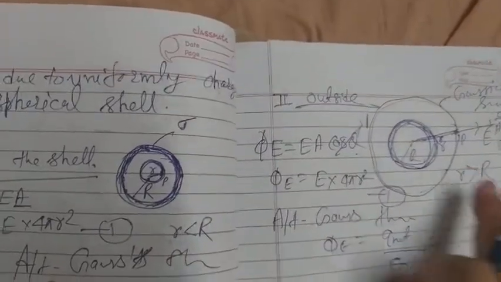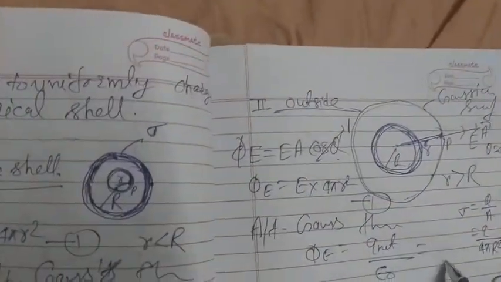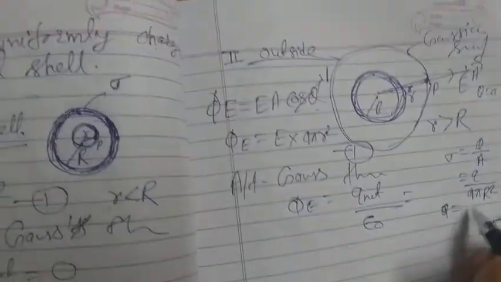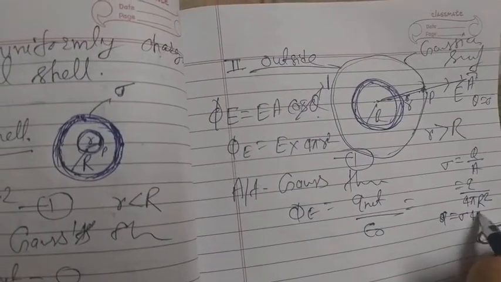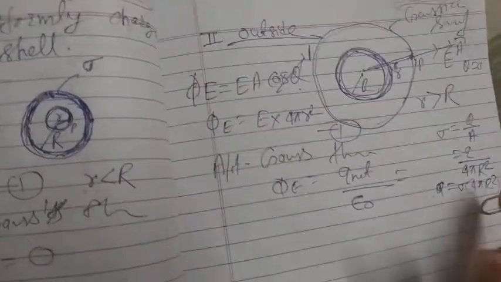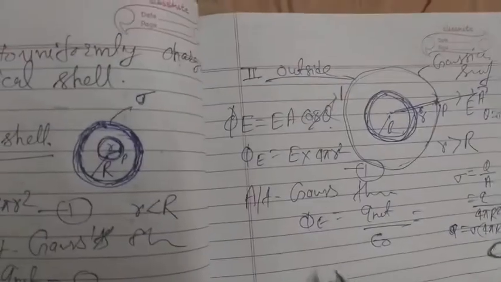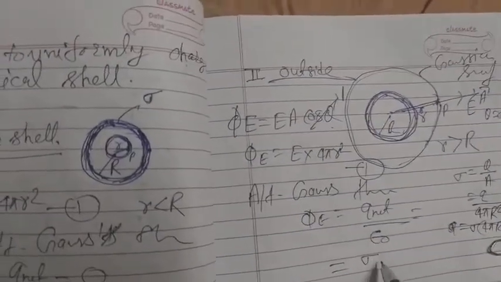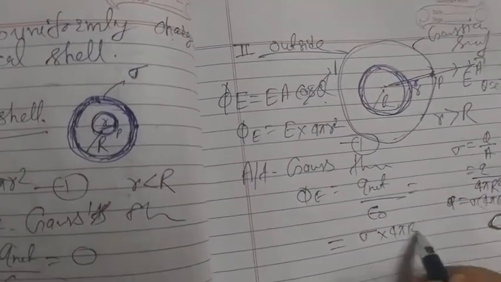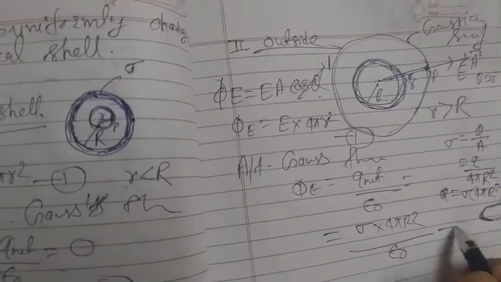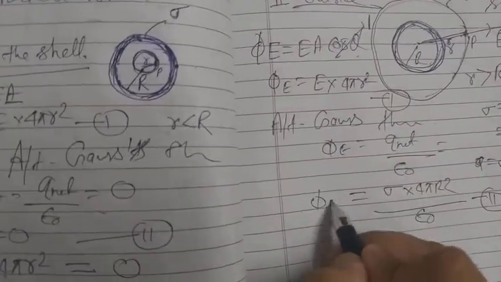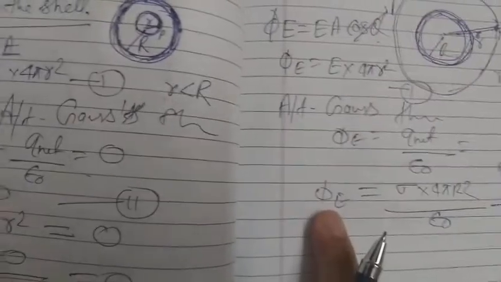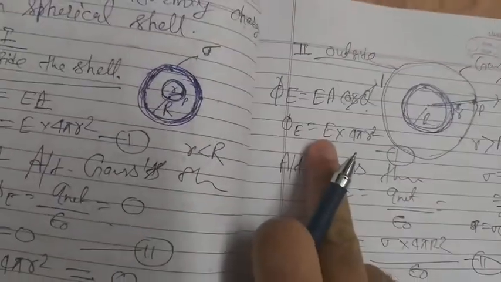Okay, because charge is on the sphere. So from here q is equal to sigma 4 pi R square. Now put the value: sigma into 4 pi R square upon epsilon naught. This is equation second. So this is phi, this is also phi.